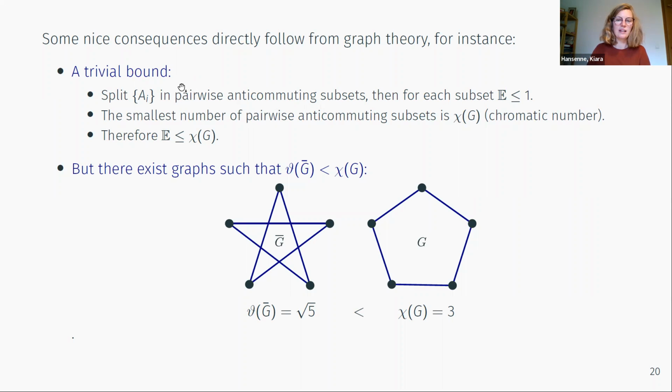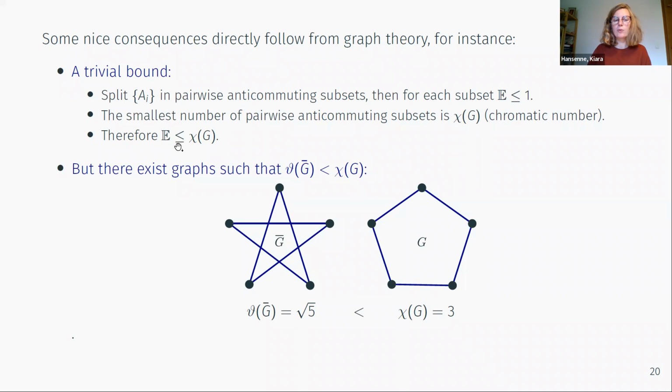But then actually, if we analyze our anti-commuting graph again, we notice that the smallest number of pairwise anti-commuting subsets is actually given by the chromatic number of G, which is the complement of the anti-commutativity graph. And then now we have that the upper bound on E is the chromatic number of the graph G, so the complement of the anti-commutativity graph.